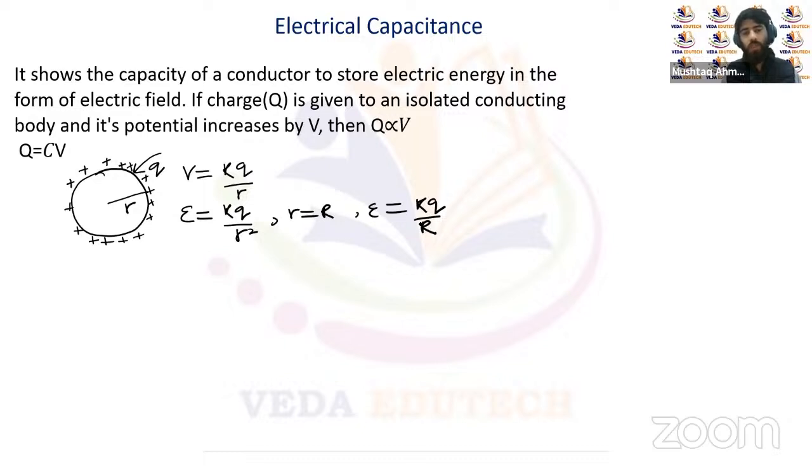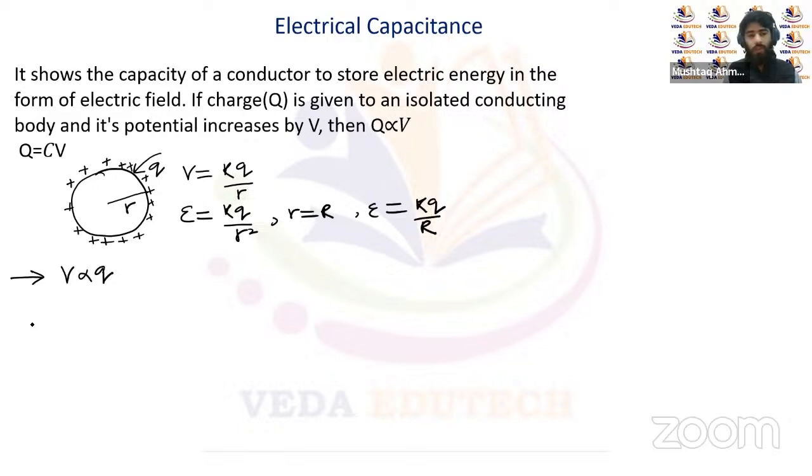Let's suppose this charge Q is supplied to this conductor. It means that this potential has to be directly proportional to the charge Q supplied. Greater the charge, greater the potential.